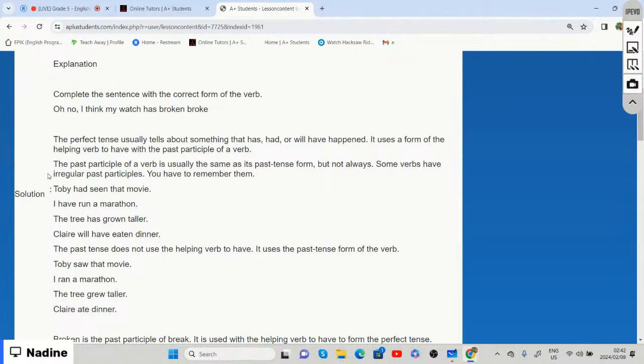For example, Toby had seen the movie. Then we also have the tree has grown taller.